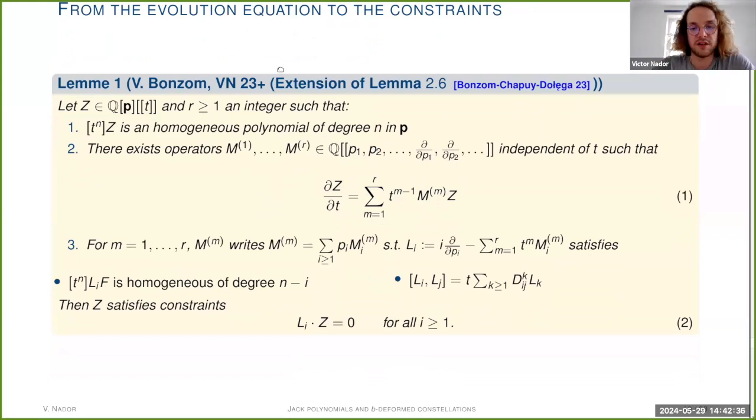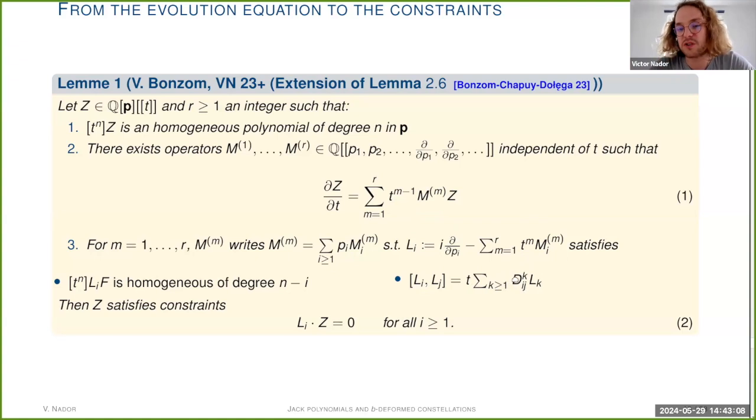Then this lemma states that if you can identify the third-like constraints, so derivative with respect to p_i and this operator minus the sum of these operators in M, if you can identify these operators and if these operators are closed under commutation.